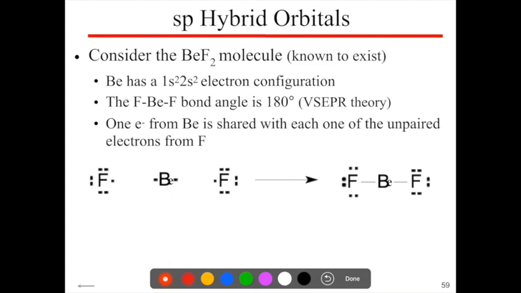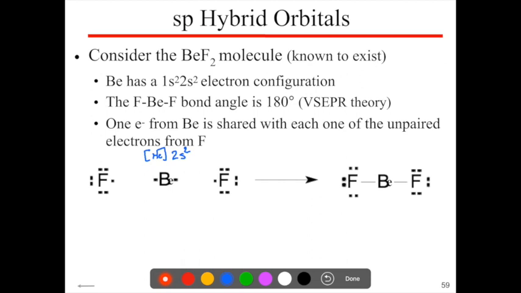If I take a look here at beryllium, beryllium has an electron configuration that looks like helium, and it has 2s2 electrons.